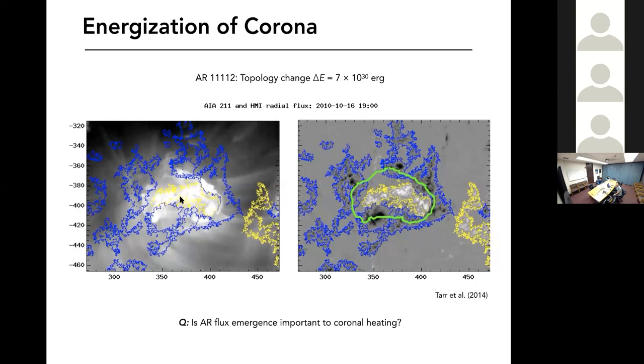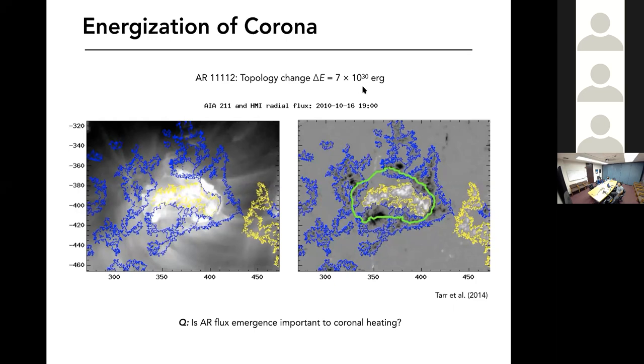All right. So you can actually figure out ways to estimate how much energy is released through topological analysis. For example, in this paper, the authors did such analysis, and over several days, because of this relatively quiescent flux emergence, you will get the total released magnetic energy of this order, 7 times 10 to the 30th erg.